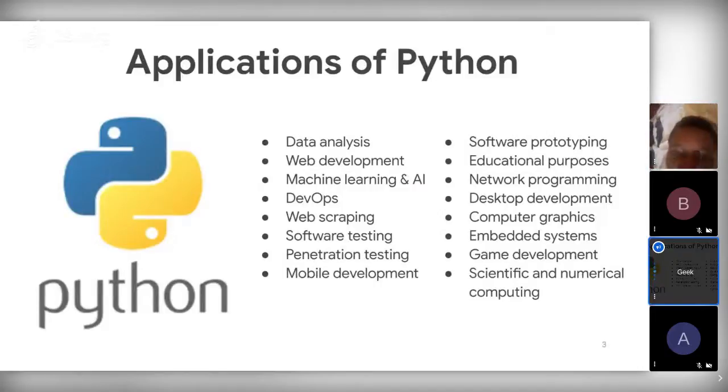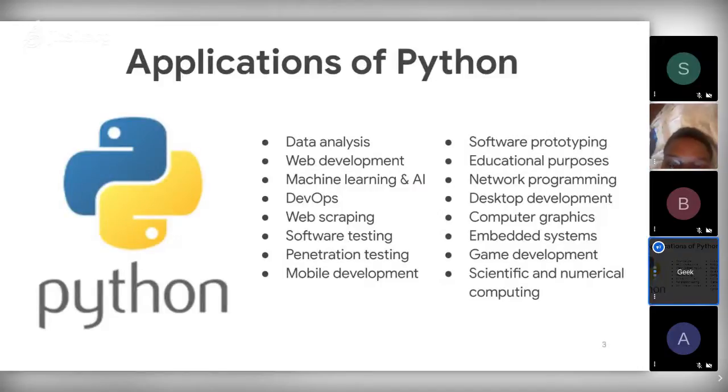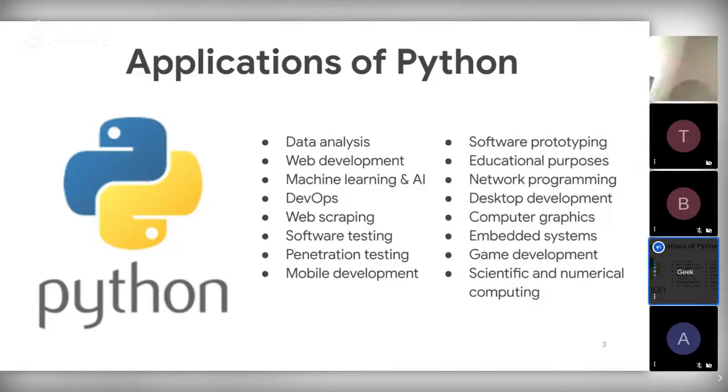Data analysis means that you're looking at data when you're trying to analyze it. Web development means that you're trying to build websites. Machine learning means that you're trying to train a system that can learn on its own. DevOps means you're trying to do some development operations and some under the hood stuff.